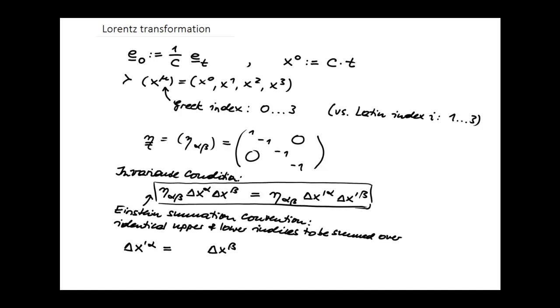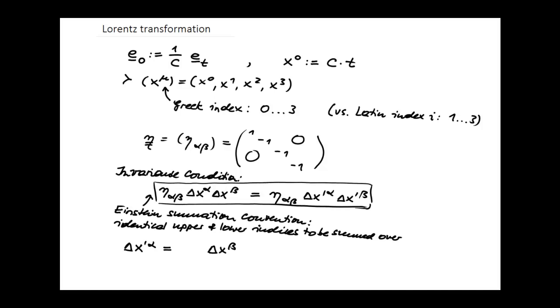You know, the basis vectors in the primed frame are some linear combination of the basis vectors in the unprimed frame, and correspondingly the components, hence the delta x's in the primed frame, are some linear combination of the delta x in the unprimed frame.